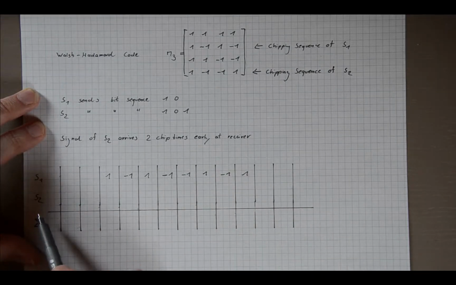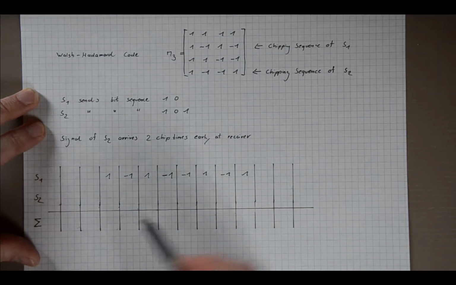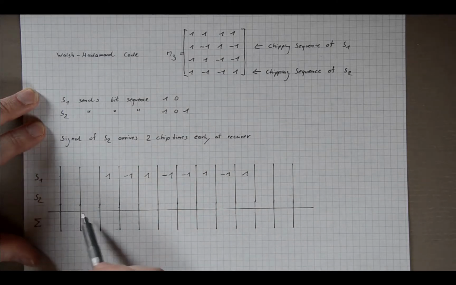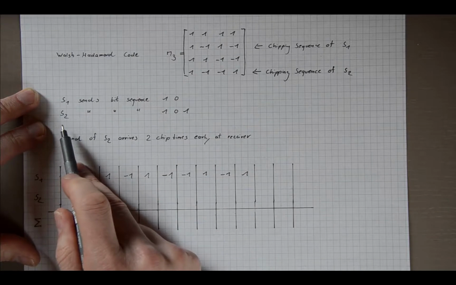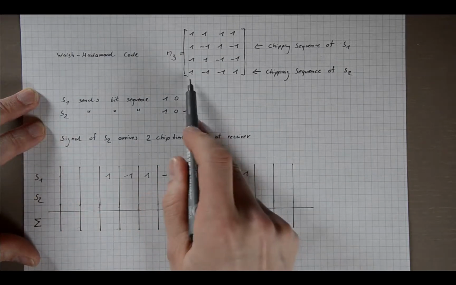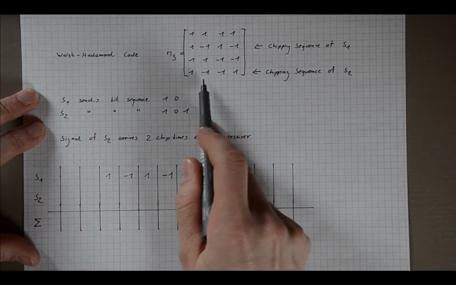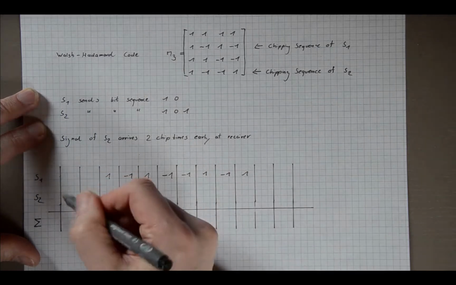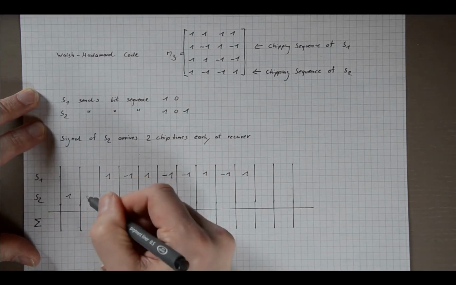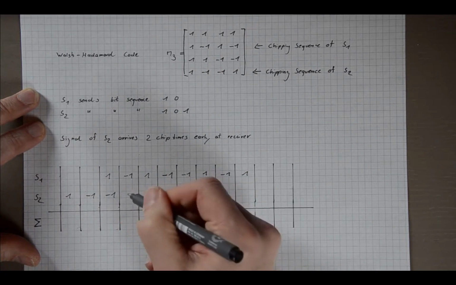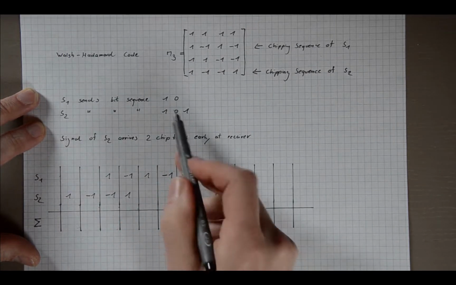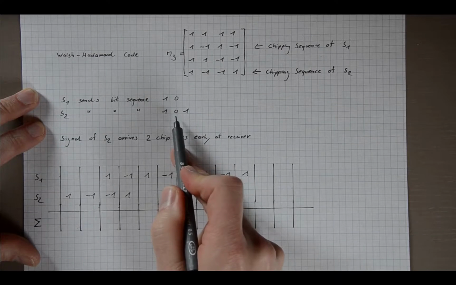Now looking at S2, S2 is 2 chip times ahead of S1, so we have to start here. S2 wants to send a 1, so we have the chipping sequence 1, -1, -1 and 1. Then S2 wants to send a bit 0.